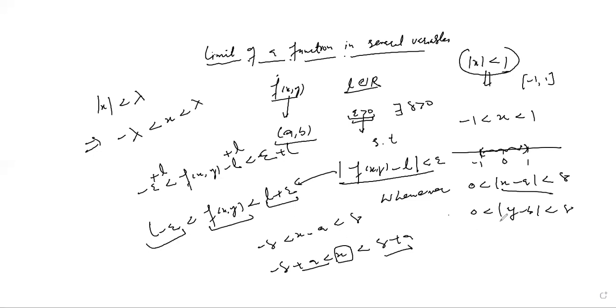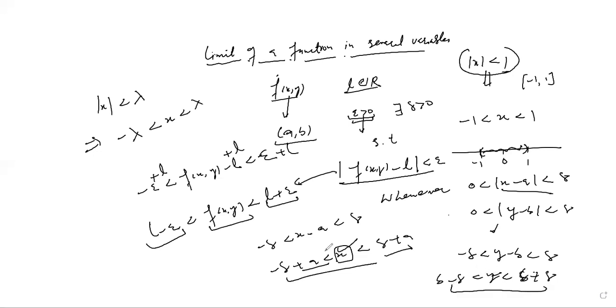And the same definition you can apply on y. Minus delta is less than y minus b is less than plus delta. So b minus delta is less than y is less than b plus delta. So if you choose the value of x in this interval and the value of y in this interval, the output always lies between L minus epsilon and L plus epsilon.